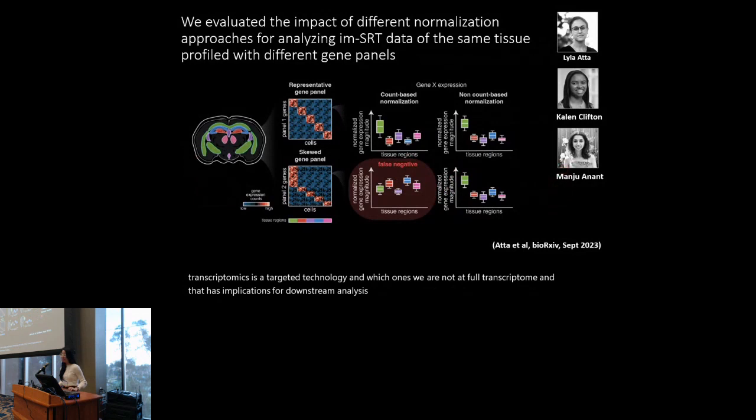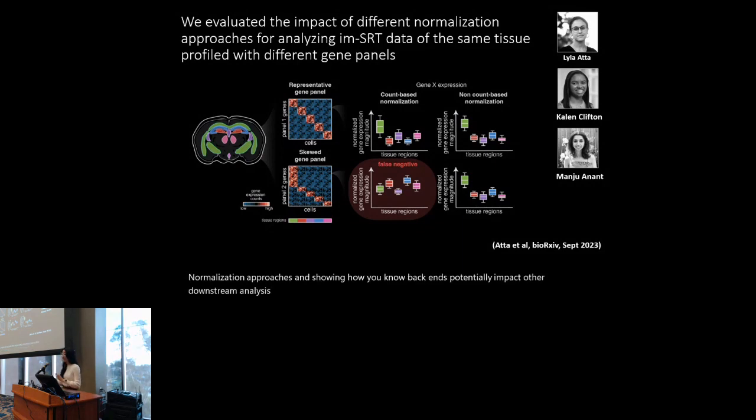So my student Lila Atta decided to try to systematically demonstrate this by designing different imaging-based spatial transcriptomics gene panels for targeting the same particular tissue, and then normalizing the data using different types of single-cell and bulk RNA sequencing normalization approaches, and showing how that can potentially impact our downstream analysis.